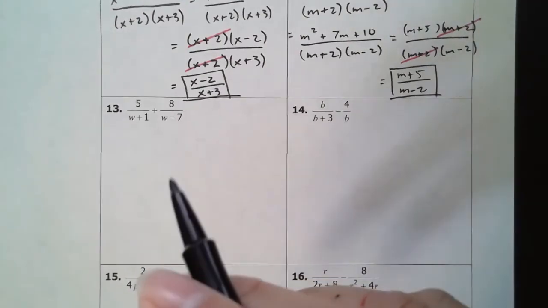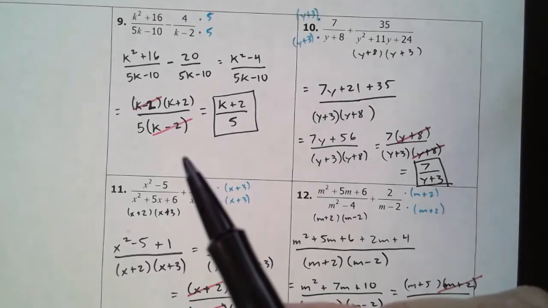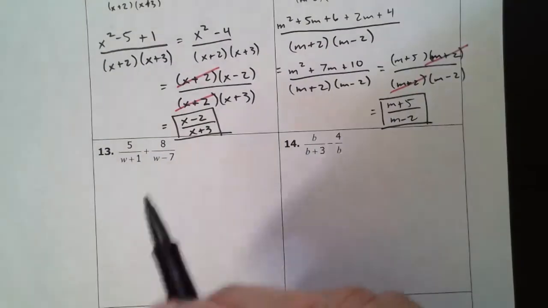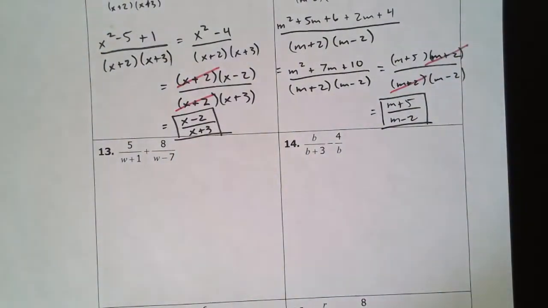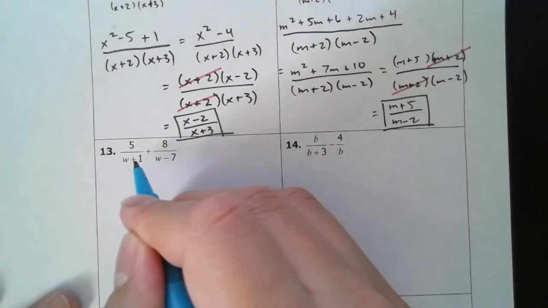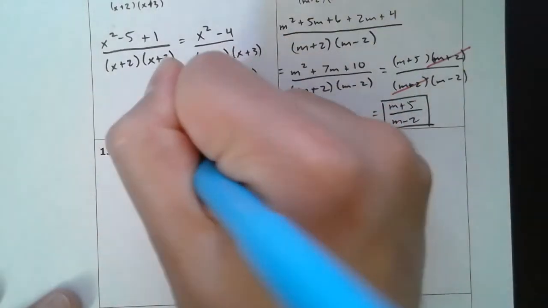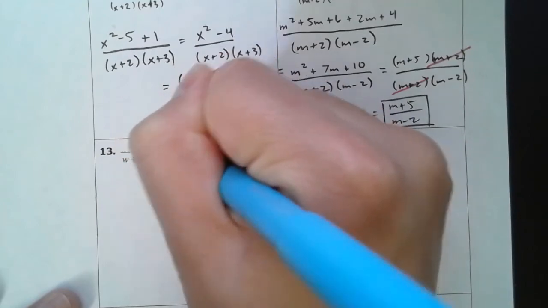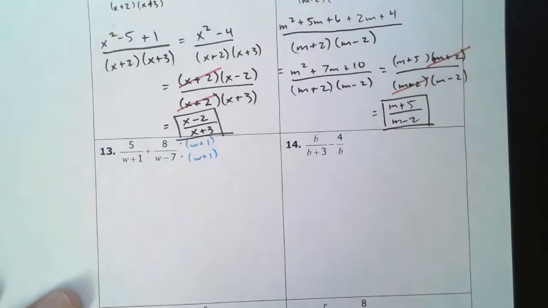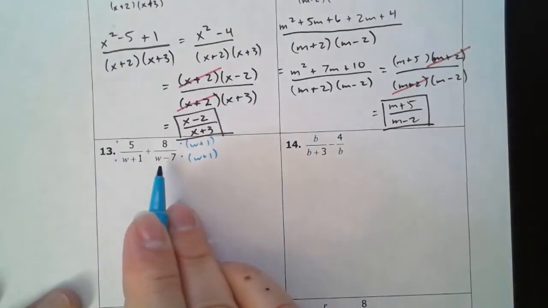This is similar to the ones on the other page, where you're just going to have to multiply by what's in the denominator to each fraction, to each other one. So this is w plus 1, so you have no choice but to multiply top and bottom of the other one by w plus 1. And you're going to do the same thing to the left one by w minus 7.